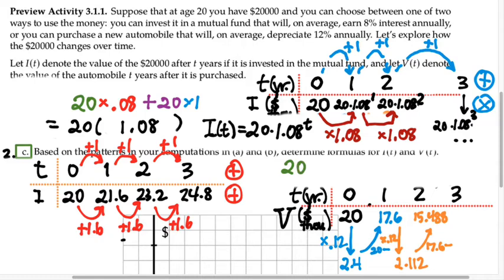So I had here 20 times 0.12, and then I'm subtracting that. So actually, I don't want to do this the other way around. 20 minus 20 times 0.12. And then again, we have that common factor of 20 in both of those terms. So we bring that 20 out, and my cofactor that's left over is 1 minus 0.12.